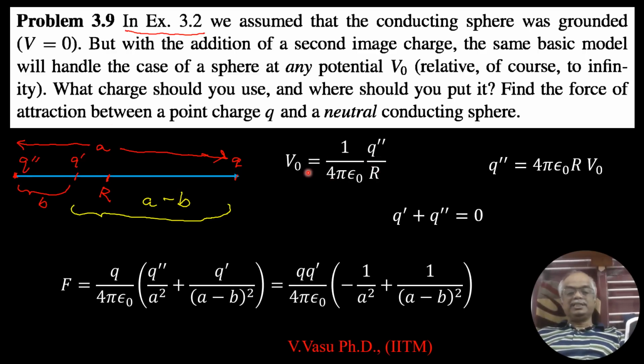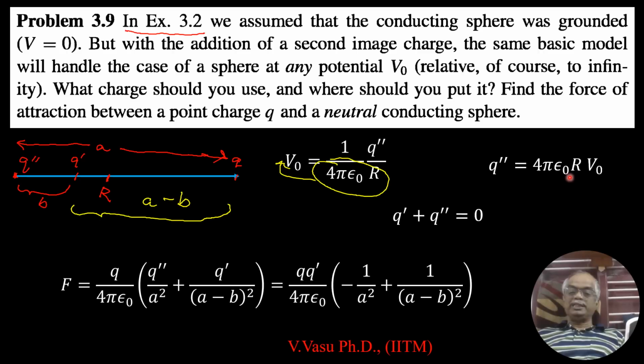From this we can calculate q double prime. Bringing all other factors to the right hand side, q double prime is equal to 4 pi epsilon naught R V naught.